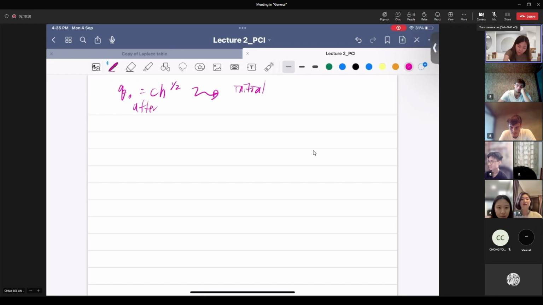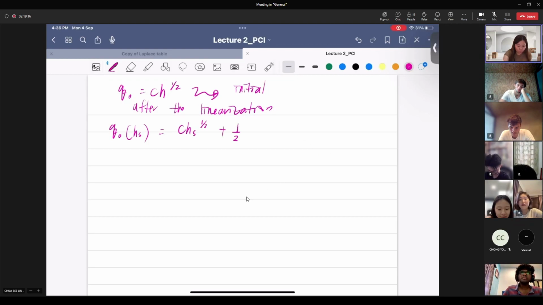Your Q0 initially is C h^(1/2). Now it becomes this. After the linearization, now your Q0 becomes C h_s^(1/2) plus 1/2 C h_s^(-1/2) (h minus h_s). Okay.